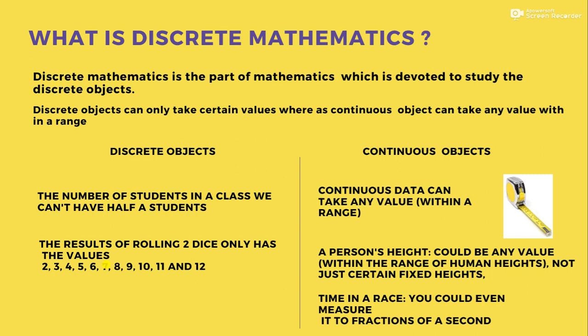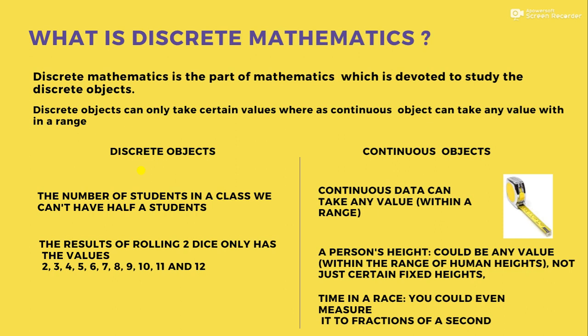So in discrete mathematics we are going to learn the tools or the areas to solve these discrete objects. Discrete mathematics is the field of mathematics which is used to solve problems regarding discrete objects.